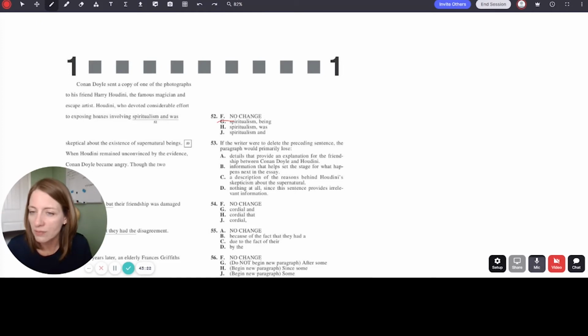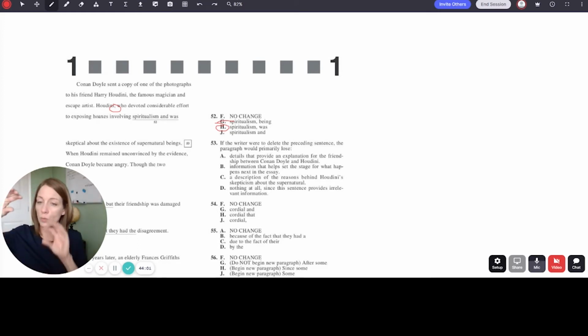CD sent a copy of one of the photographs to his friend Harry Houdini, the famous magician and escape artist, period. Houdini, he devoted considerable effort to exposing hoaxes involving spiritualism. Okay. All right. So here's the deal. See this comma? We have to have another partner to go with that comma, so probably it's going to be H. Who devoted considerable effort to exposing hoaxes involving spiritualism, comma, was skeptical.